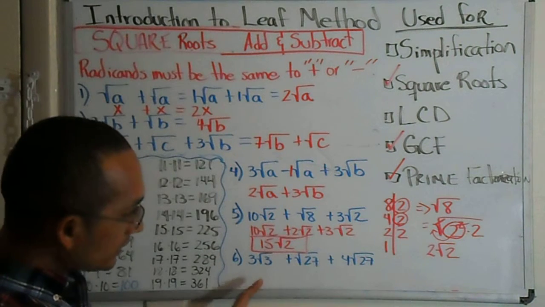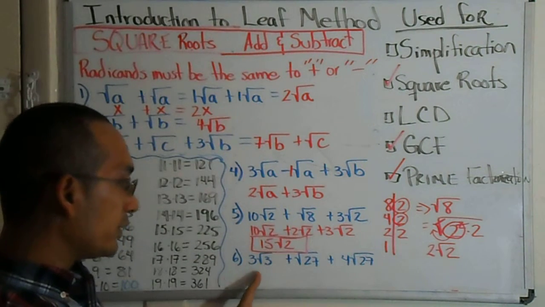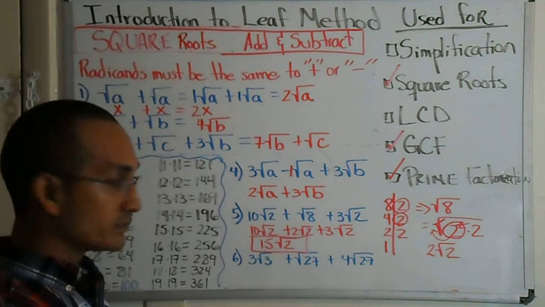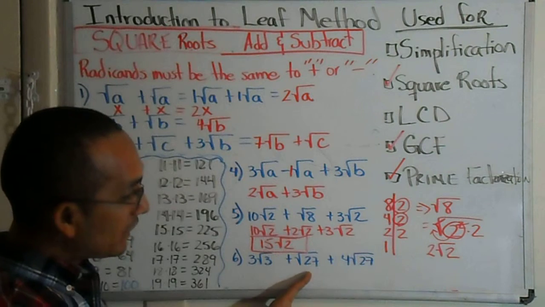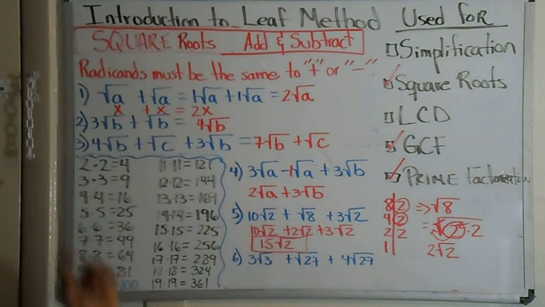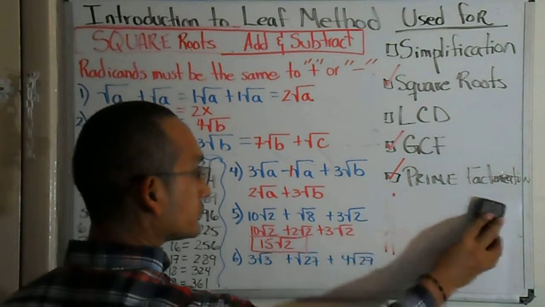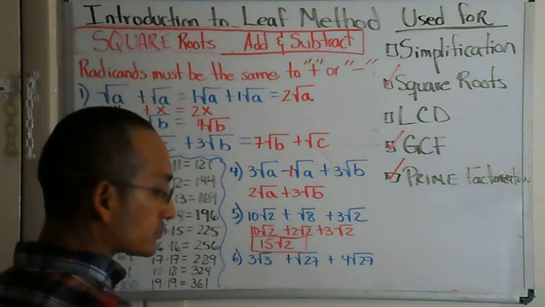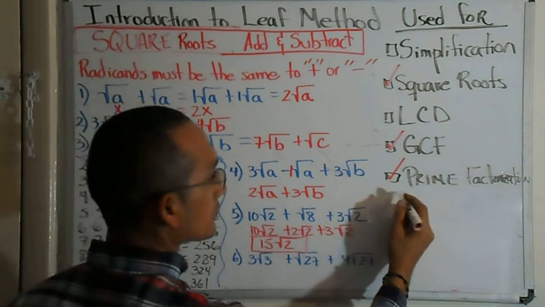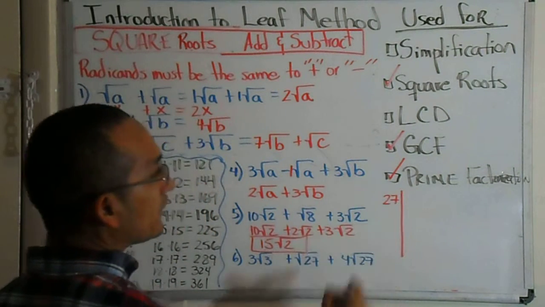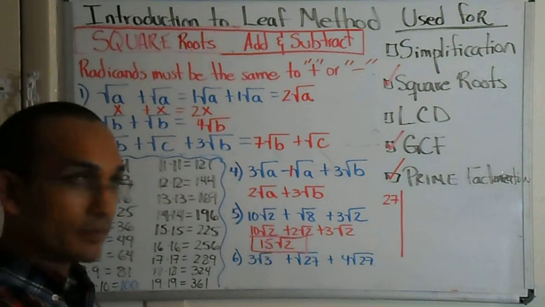Okay, now the bottom one. We have 3 square root of 3 plus square root of 27. The 27, you notice, is not a perfect square, so you have to do the leaf method again. Let's do it together. 27, you have to divide it by the prime numbers.